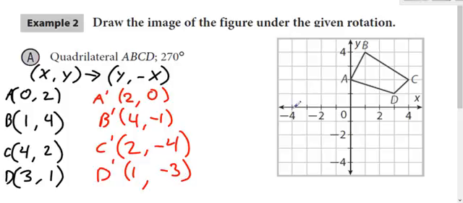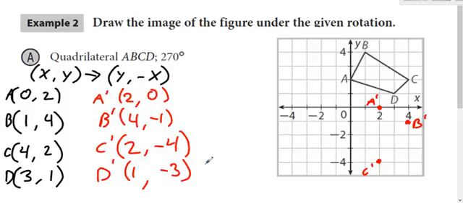So A prime, 2, 0. That's A prime. B prime, 4, negative 1. C prime, 2, negative 4.